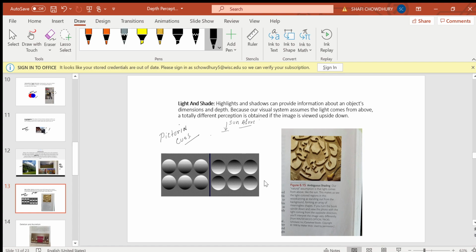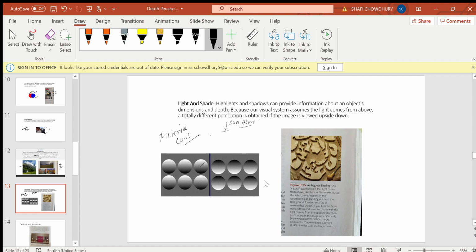So that means the objects getting the light first will be bright, right? The objects that are upwards, more outwards, will get the light first, and the objects in the deeper part will get less light. So how much light is falling on the object, and how much is not, gives you the perception of depth.